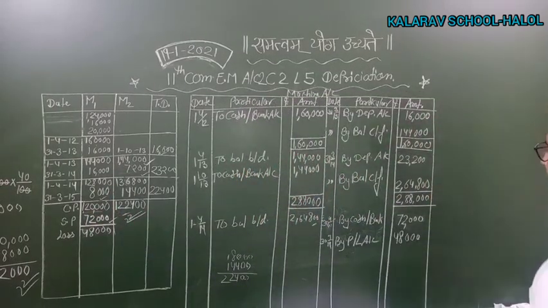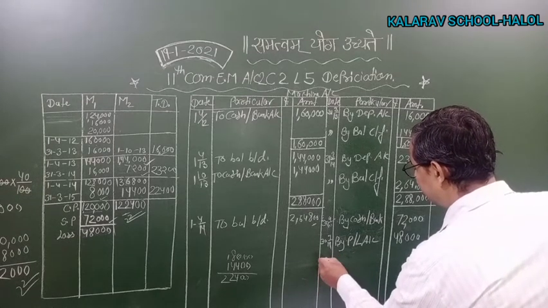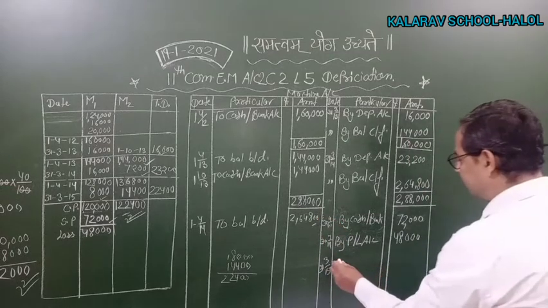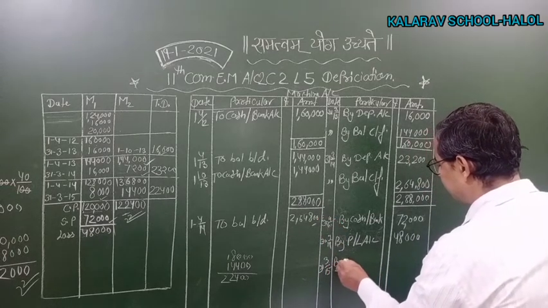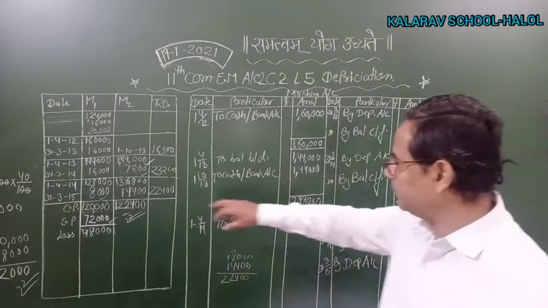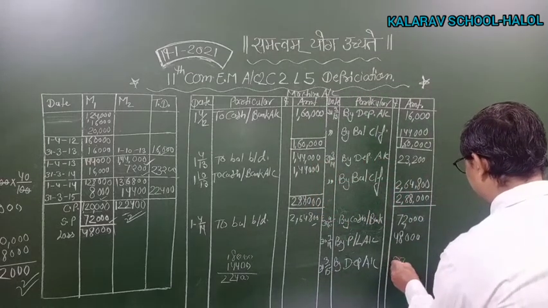At the same time your depreciation is on 31st March, so date wise we write by depreciation account. That is correct, there is no mistake in this. This is your 22,400.